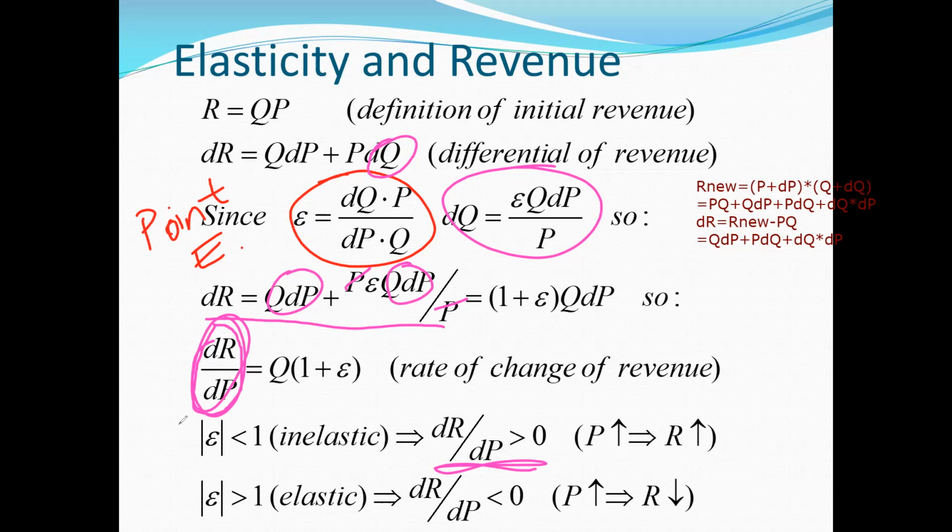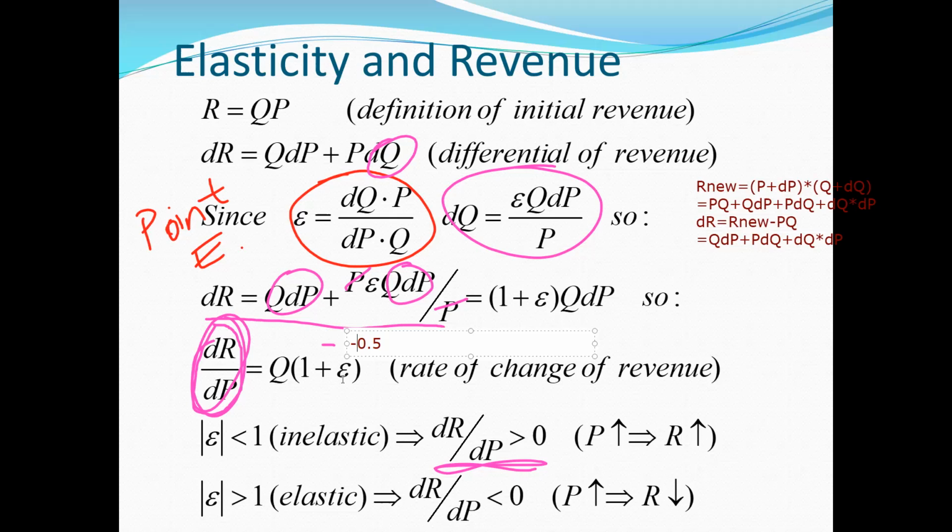So think about this, right? If the magnitude of epsilon is less than 1, let's take that example of negative 0.5. If epsilon is negative 0.5, 1 plus epsilon would be a positive number. And that will make dR over dP positive as well.